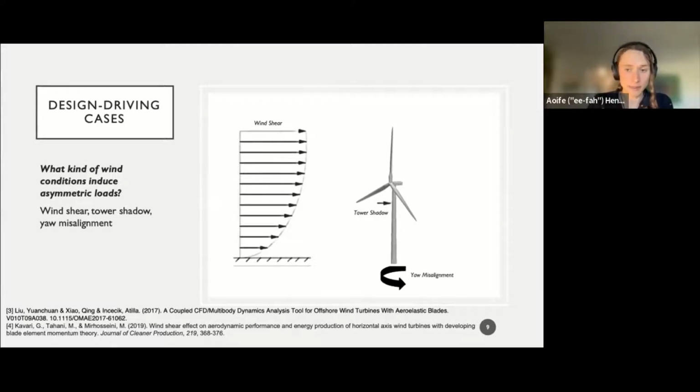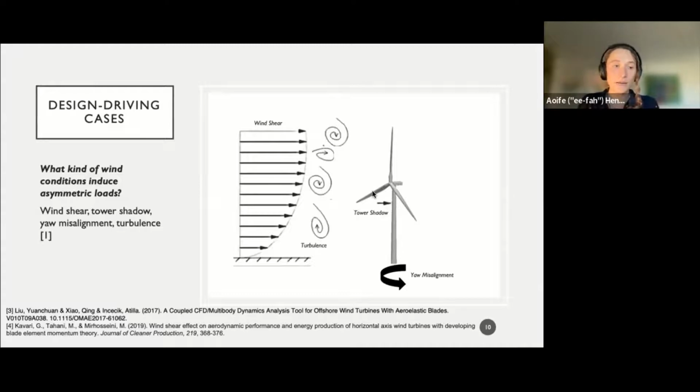Thirdly, yaw misalignment, whereby the turbine is intentionally rotated about a vertical axis to influence the wake it generates. Fourthly, turbulence in the wind. And finally, really any non-uniform wind which introduces a yawing motion, this motion, or tilting motion, this motion here on the rotor.